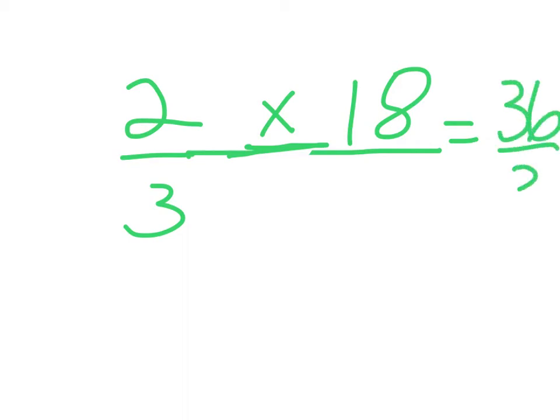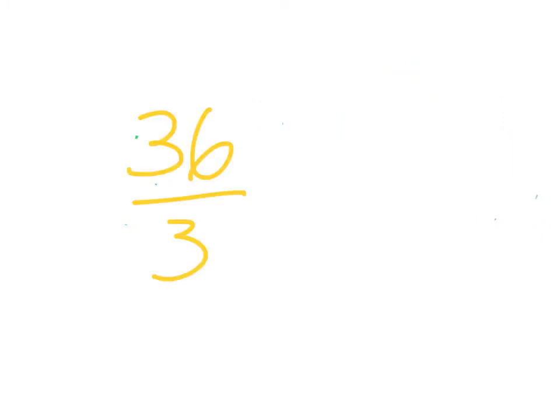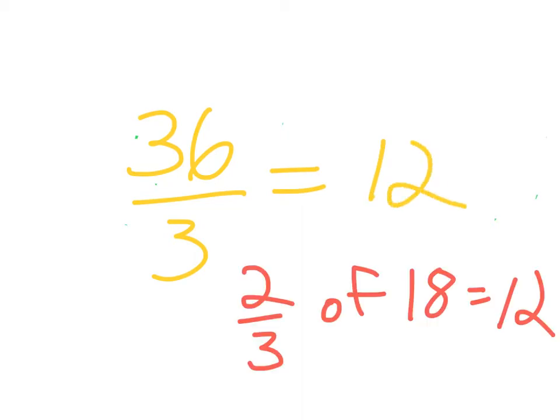Put that over 3. And now you're going to remember that the fraction bar means divide, so you're going to divide 36 by 3. That's a basic fact. It equals 12. So I have 2/3 of 18 equals 12.